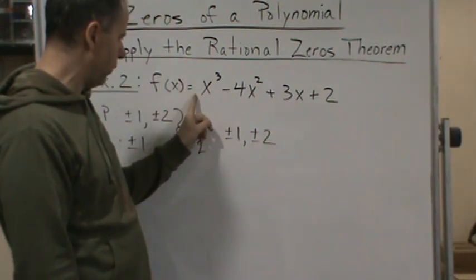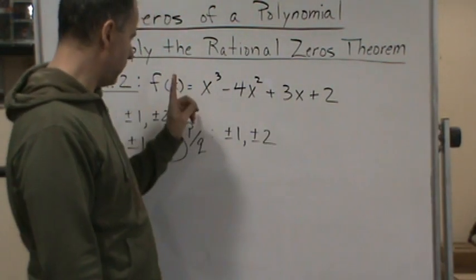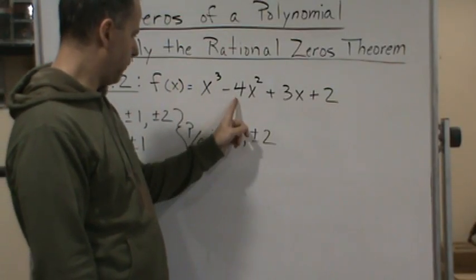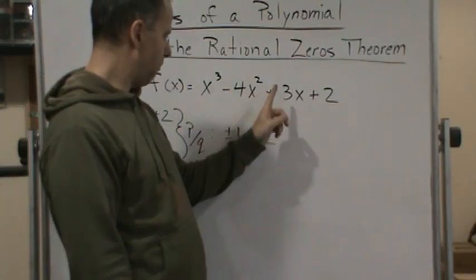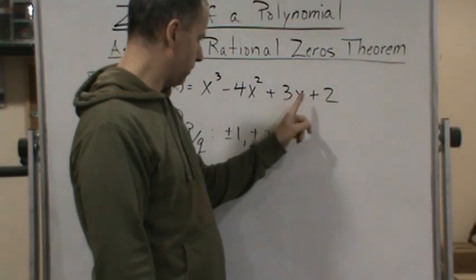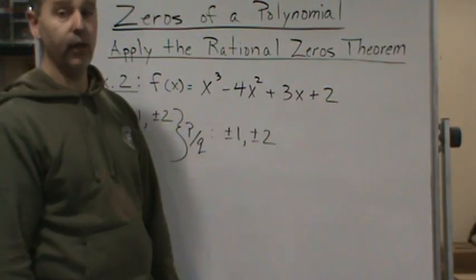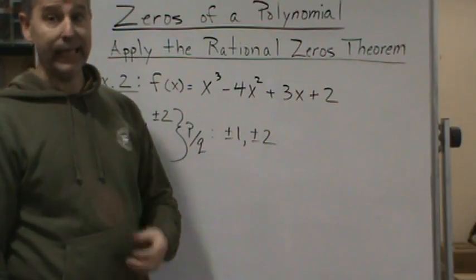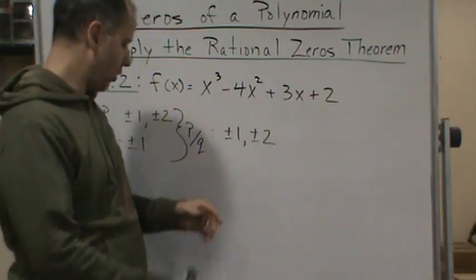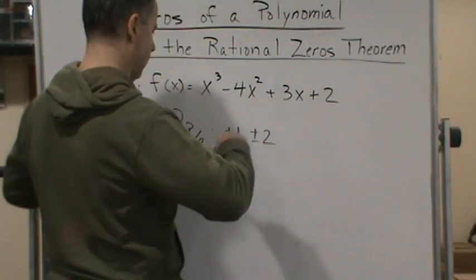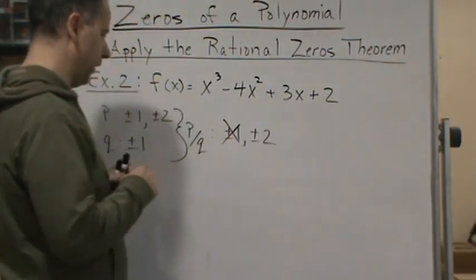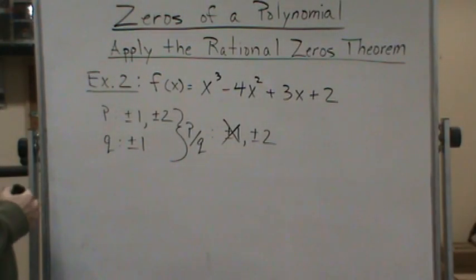So this will be negative 1 and negative 3. So if I do negative 1 minus 4, which is negative 5, minus 3, which is negative 8, plus 2, which is negative 6, does not give me 0. Okay? So therefore, negative 1 is not going to work. So that means those two are done.